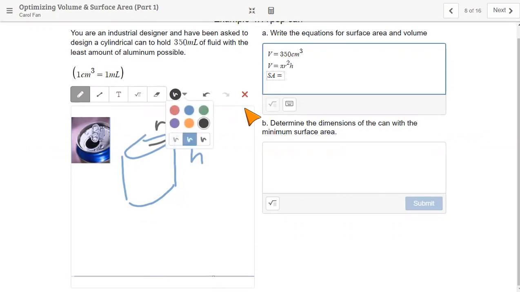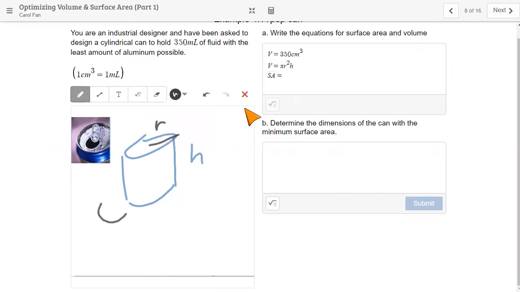we can open it up. We would have 2 circles, a circle on the top and a circle on the bottom. This is our height, and we still have our radius there. This would be the circumference.